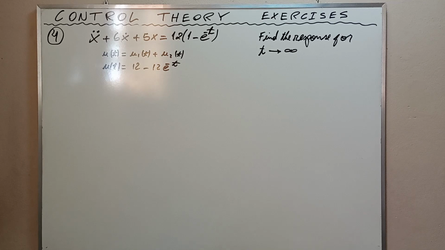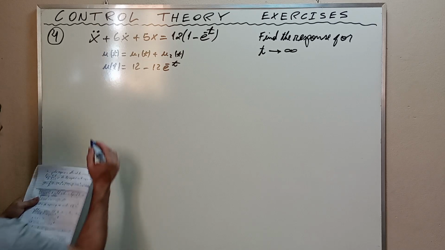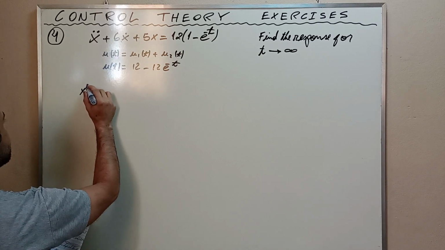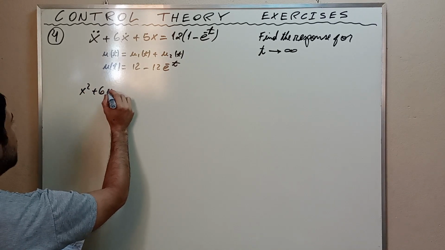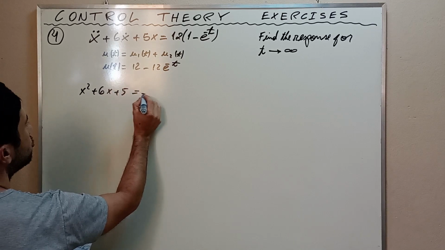After understanding this, let's work on the characteristic equation of the system. What is the characteristic equation? The characteristic equation is this: x squared plus 6 times x plus 5 equal to 0.